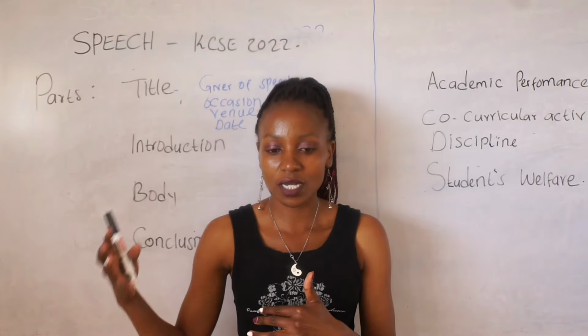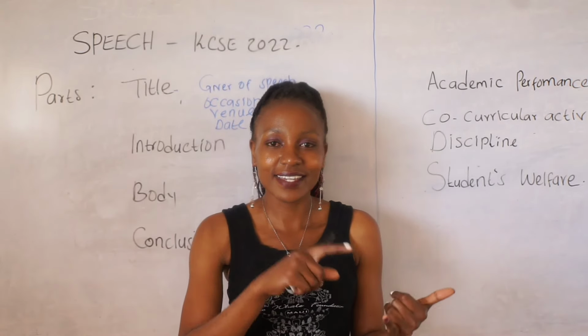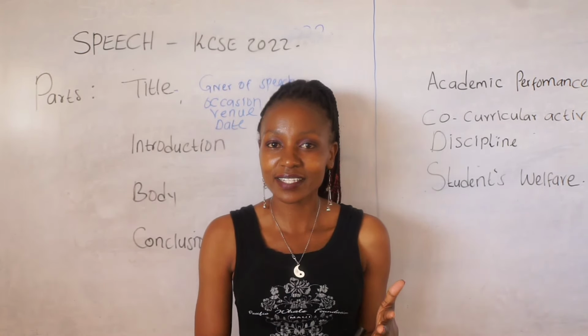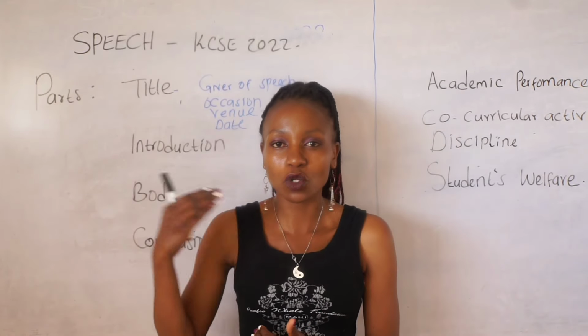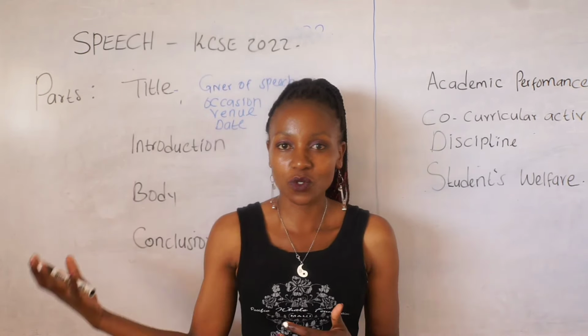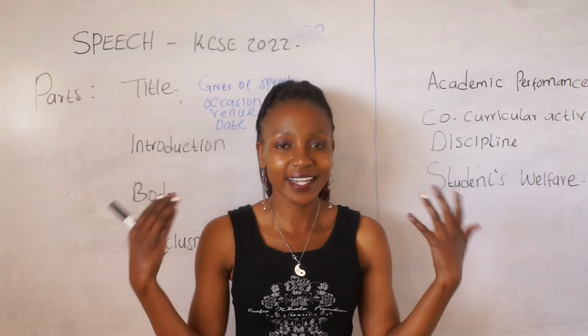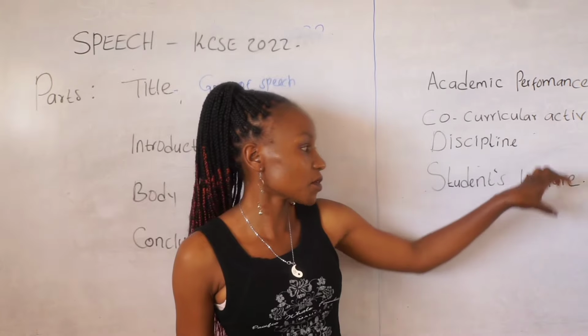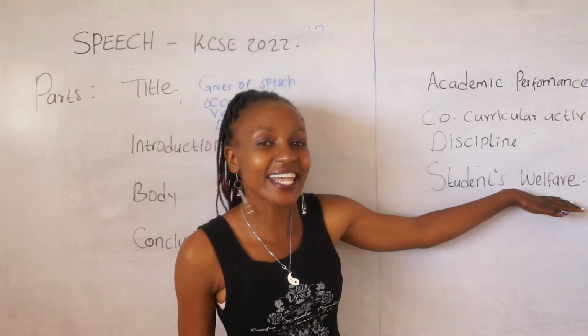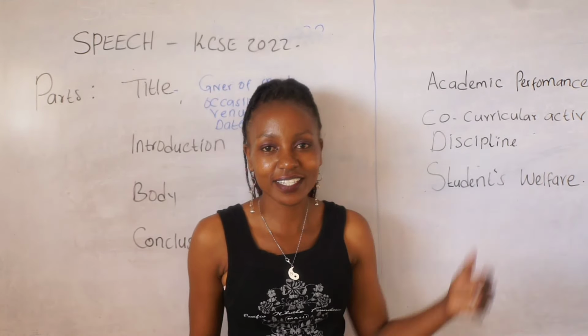So you can talk about something like their health, the diet, what happens if the students are sick, spiritual well-being, do they go to church, do you offer guidance and counseling for the sake of their mental health? Those are some of the things that you can include at this point. So check it.